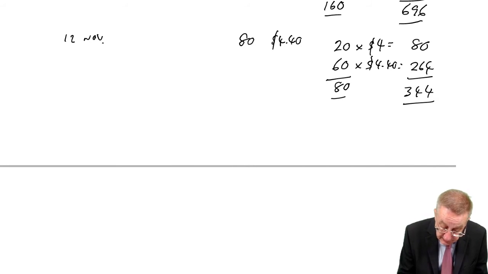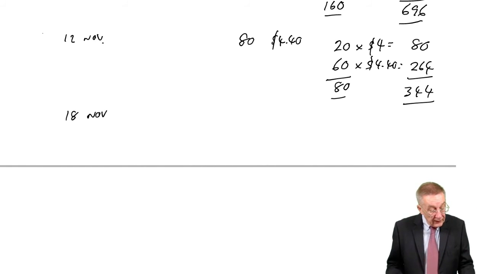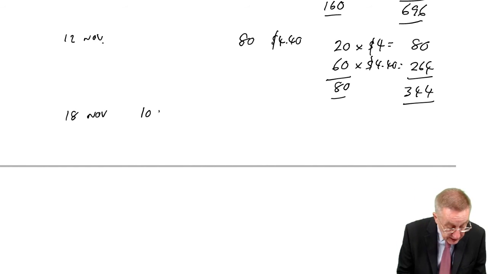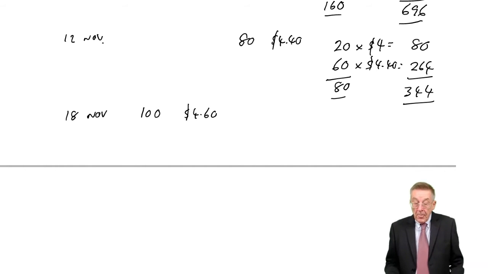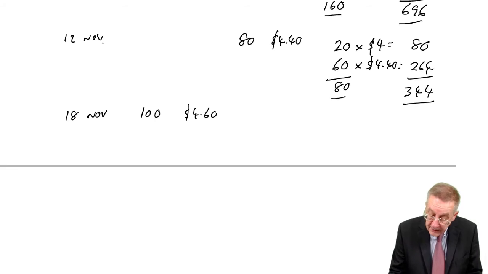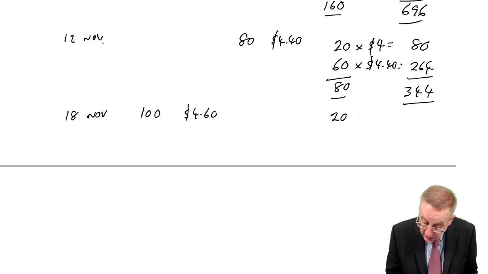On the 18th of November, we buy some more. We buy another 100 units, and they're $4.60 each. And so what have we got now? Remember, we had 20 at $4. We had 60 at $4.40.